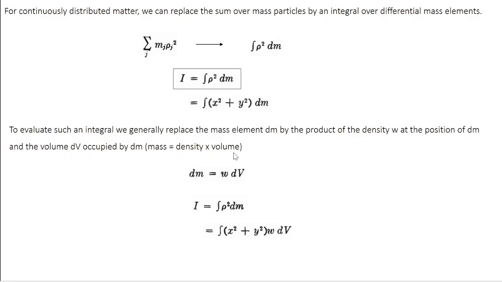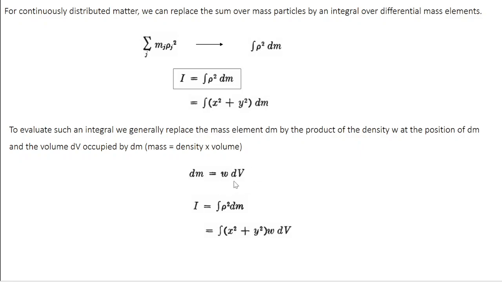Since mass is density into volume, typically instead of writing it as dm, we write it as a product of density and volume element. So let's assume that the density of the mass element dm is w and the corresponding volume is dv. So I can write dm equal to w dv.